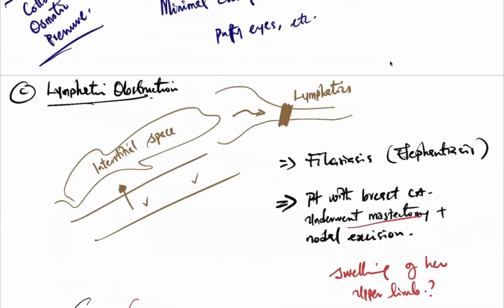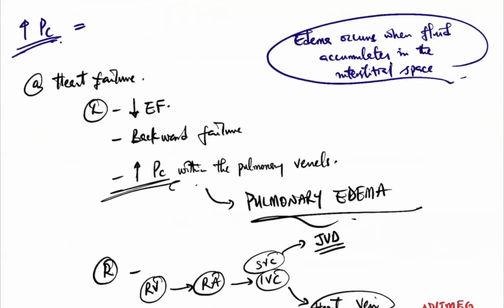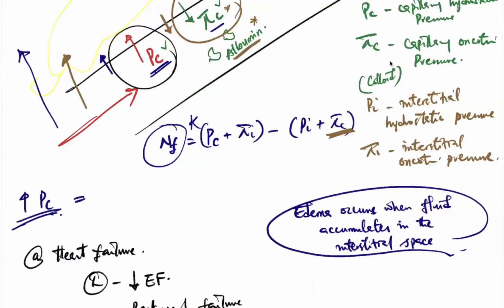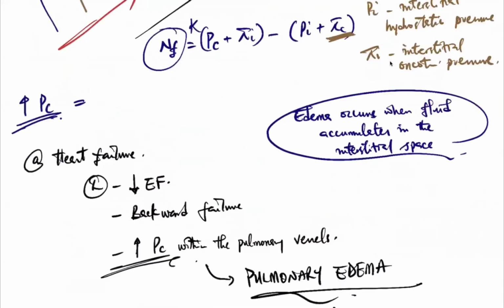These are the three most important reasons for your Step 1 for why people will have edema. The first is because there is an increase in capillary hydrostatic pressure. Whenever you have a question related to edema, it's usually a general pathology question. The first is increased capillary hydrostatic pressure. That's the one they test the most.